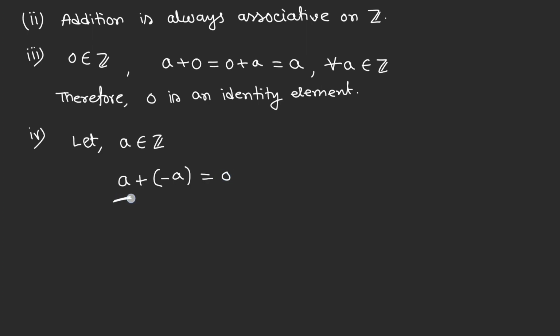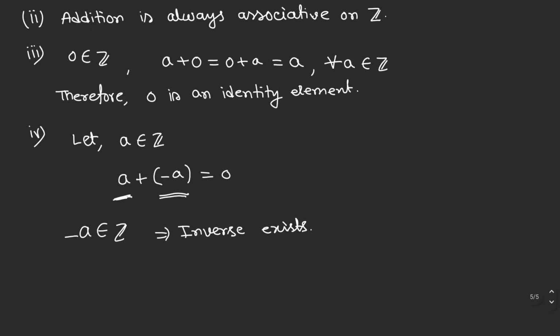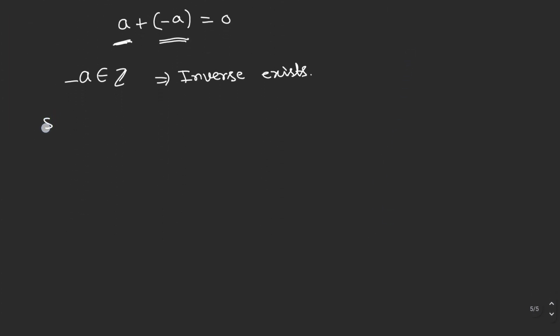That means for every element a there exists the additive inverse minus a. And minus a is an integer, because integers contain positive numbers as well as negative numbers. So minus a also belongs to Z. That means the inverse exists. Okay, so it is satisfying all the four conditions. So you can say that Z addition is a group.